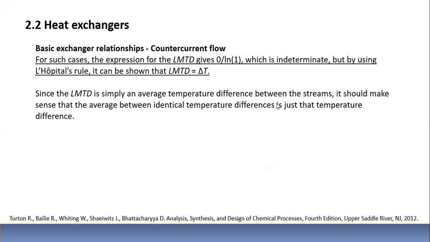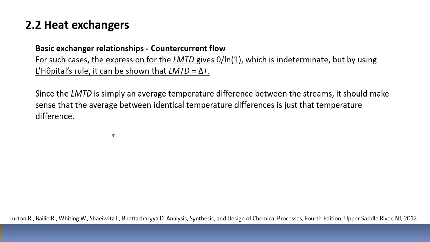Now, this is like an undefined situation, which is indeterminate, but by using L'Hopital's rule, it can be shown that the logarithmic mean temperature difference is equal to the arithmetic delta T. It shows the difference calculated by a subtraction, an arithmetic temperature difference, not logarithmic mean anymore. But that's only for this case.